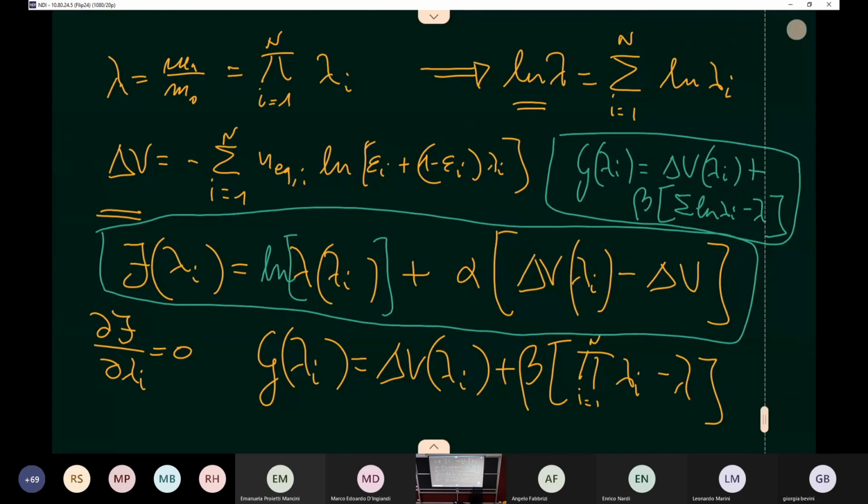And now if you make derivatives, you will have here one derivative with respect to lambda I. Here we have 1 over lambda I. And here we have the derivative dV over d lambda I. So again here we have 1 over lambda I, and here the derivative of delta V over lambda I. So at the end, what we have is that alpha and beta are just one the inverse of the other.